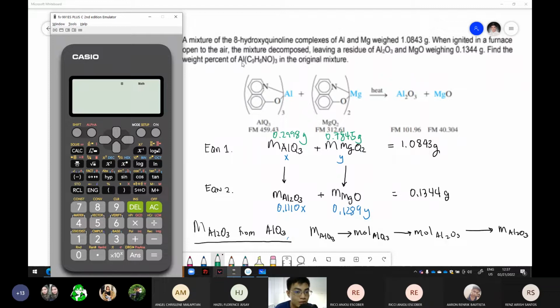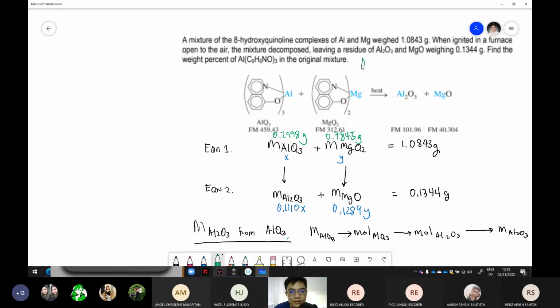So, anong percent ng aluminum in the original mixture? So, that's the mass of aluminum quinoline, 0.2998, divided by the mass of the sample, which is 1.0843, times 100 para maging percent. So, that is 27.65%.